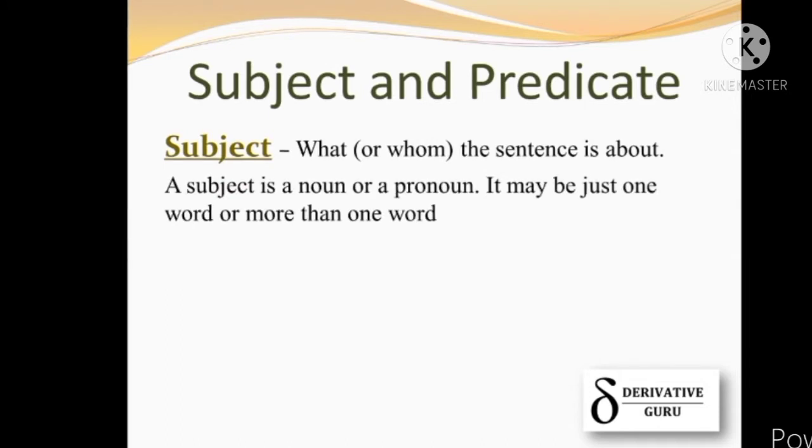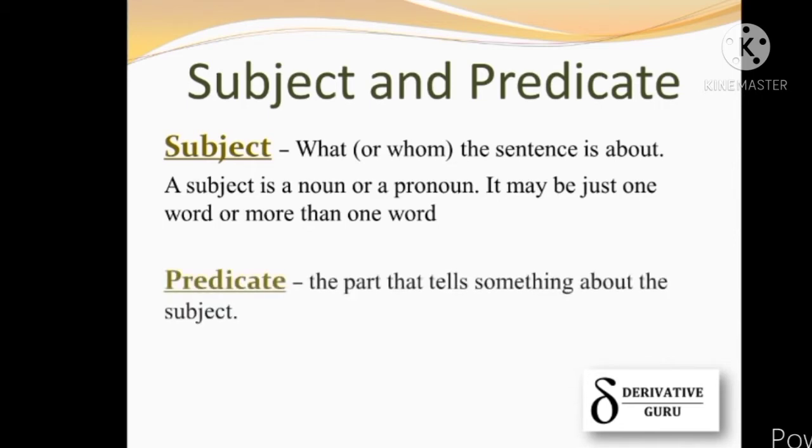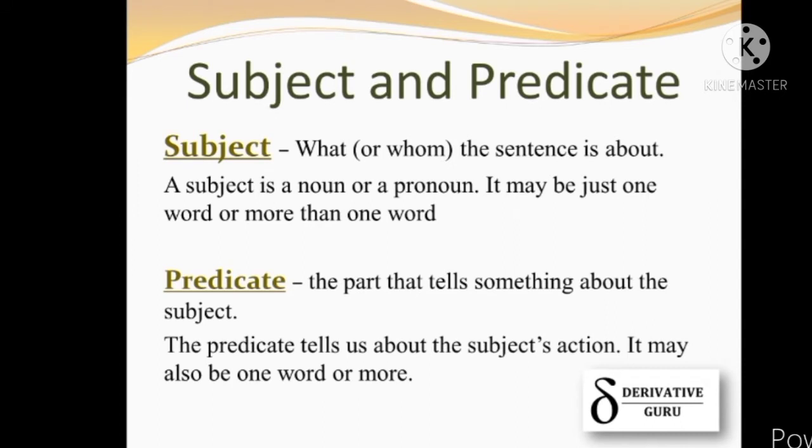It may be just one word or more than one word. And the remaining part of the sentence is the predicate. The part that tells something about the subject is called the predicate. The predicate tells us about the subject's action. It may also be one word or more than one word.